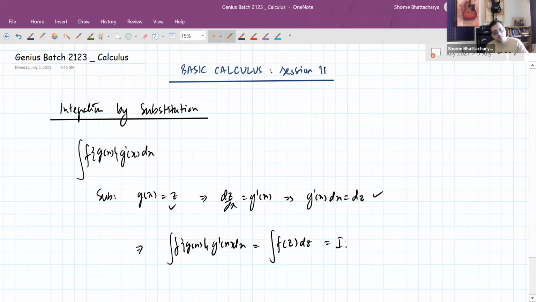That becomes this, where I is nothing but the antiderivative of f.